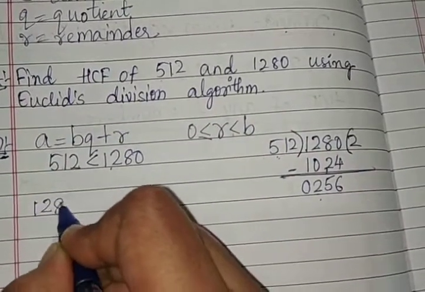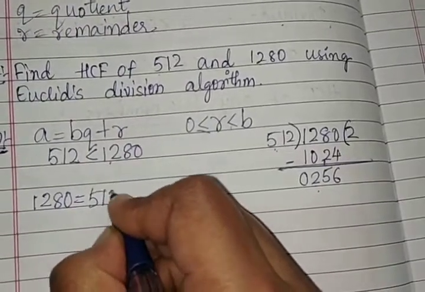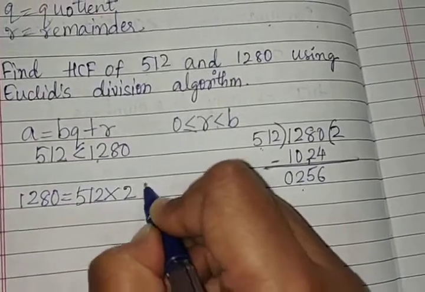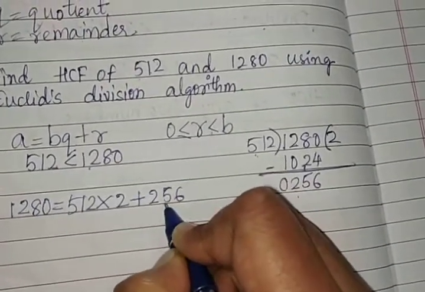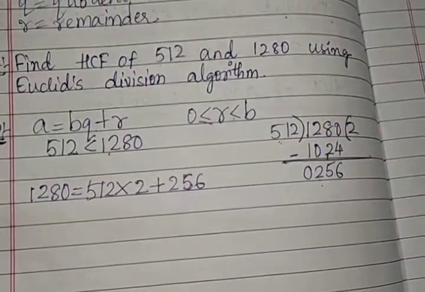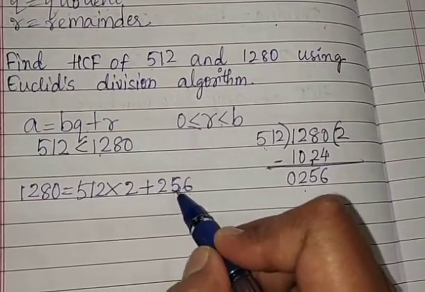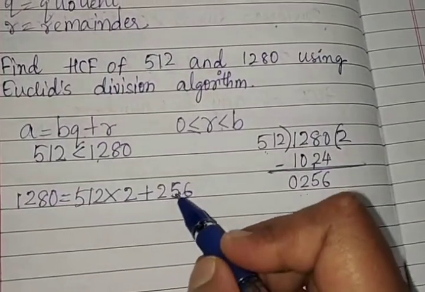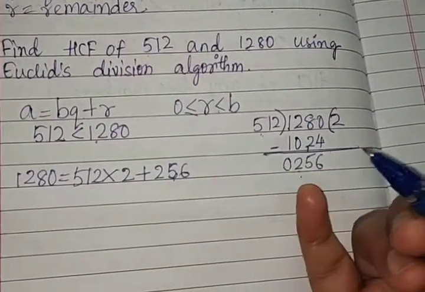So 1280 is equal to divisor 512 into quotient 2 plus remainder 256. But did we get the HCF of these two numbers? Not yet. Why? We have to get the remainder 0. Until then we have to keep dividing the numbers. Once we get the remainder 0, then we will obtain the HCF.